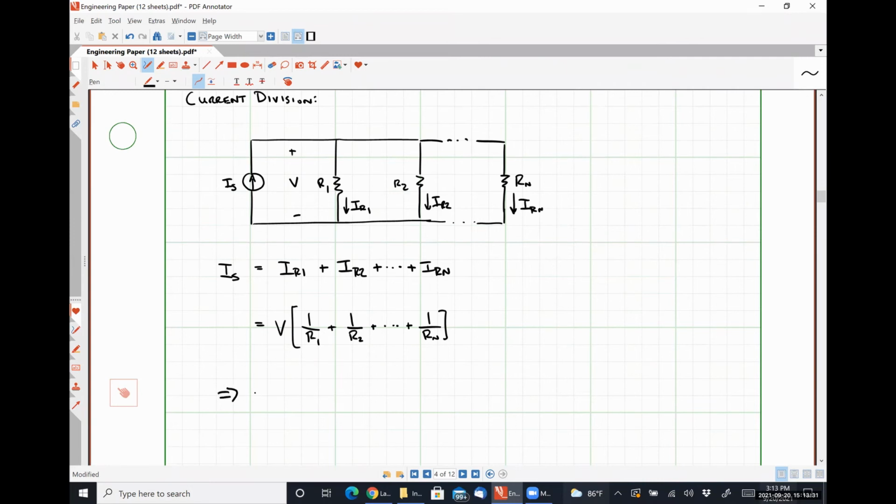My voltage V should be, let's see here, IS divided by 1 over R1 plus 1 over R2 plus 1 over R sub N, like so.